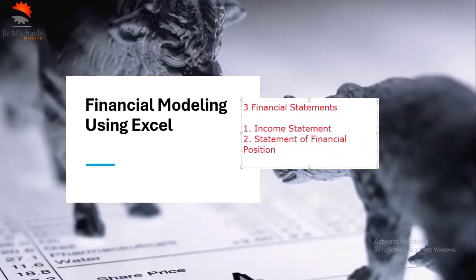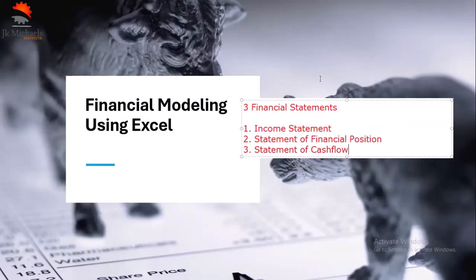Number three, we have the cash flow or statement of cash flow. Okay, so these are the three primary financial statements we'll use as starting points for creating a financial model.